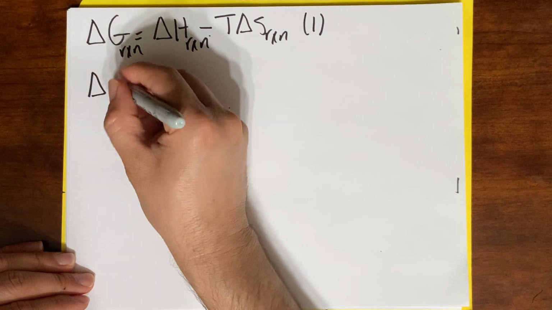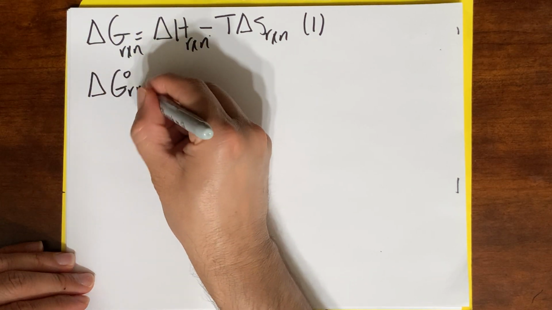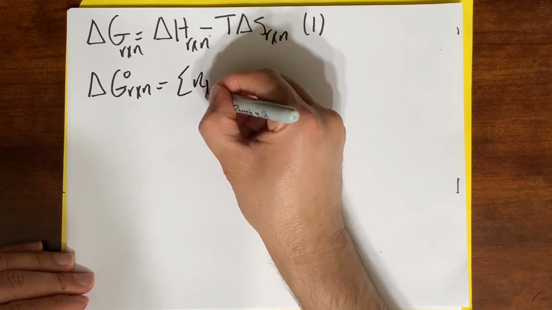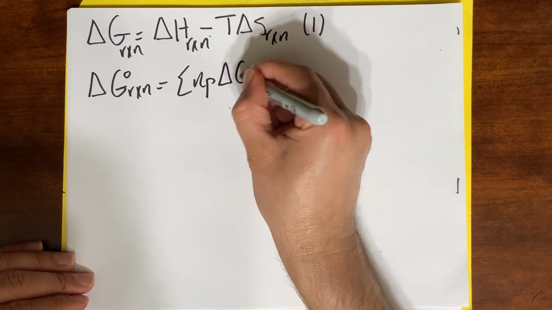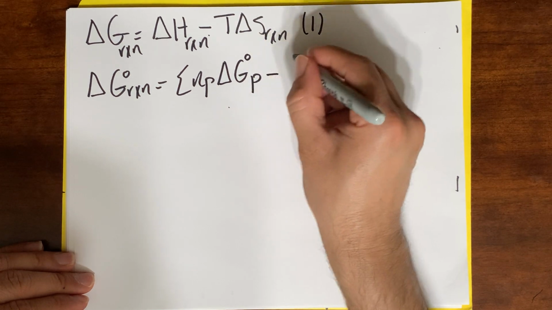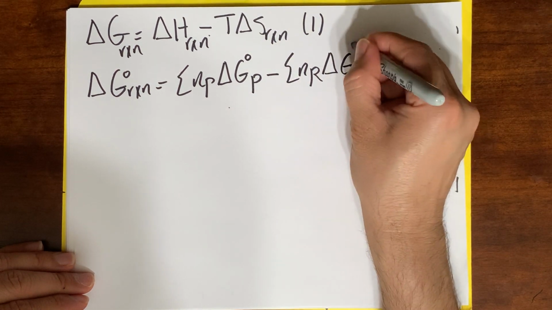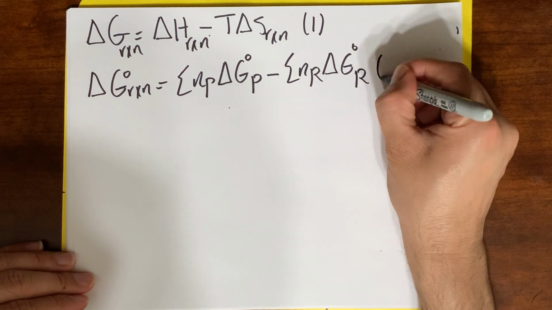Or delta G under standard condition for the reaction. It's going to be number of mole of product times delta G of product minus number of mole of reactant times delta G of reactant. Call it 2.